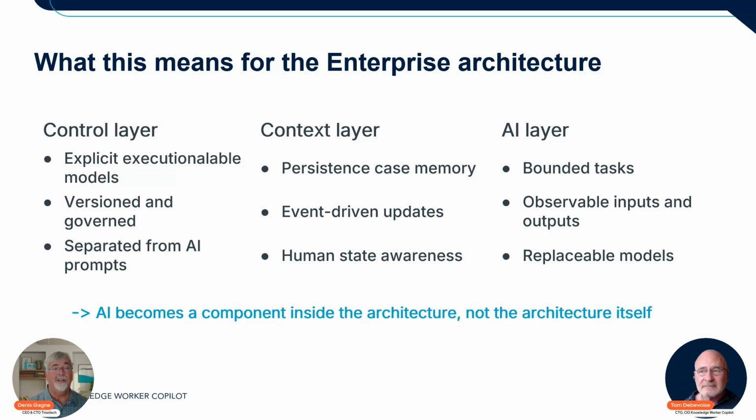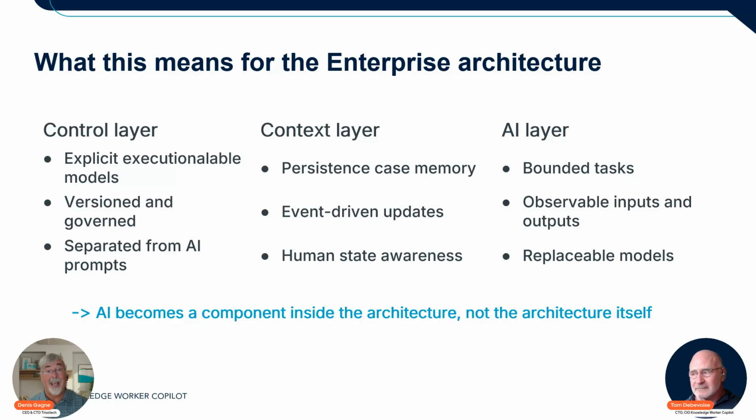Those are versioned and governed, and they're separated from the AI prompts. Then we have a context layer that is the persistence of the case memory, the business case in which we're working right now, and everything that has to do with it, the events, the data, the current state, and have awareness that is visible to the human as well.